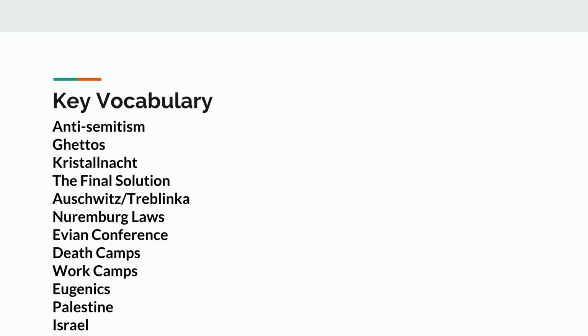The word Kristallnacht, which we're going to talk about in just a few minutes, the Final Solution you need to know. Auschwitz and Treblinka were two legendary death camps during this period of the Holocaust. The Nuremberg Laws, which we're going to discuss, the Evian Conference, which we're getting ready to discuss.